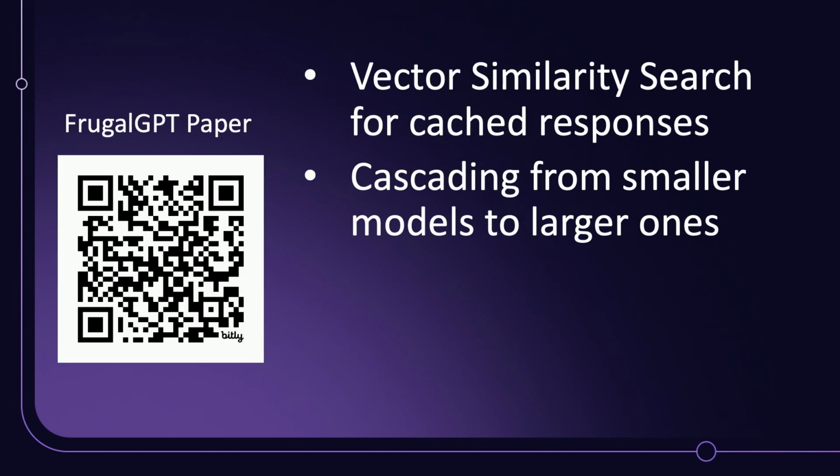There's a really cool paper I liked called the Frugal GPT paper. And basically they did several tactics. One of them was vector similarity search. We already use this a lot for embeddings, right? So like the augmented questioning, where I'm gonna say, let me do a vector similarity search, find the right piece of data out of all of my data and send that along, and then AI tends to return a better answer.